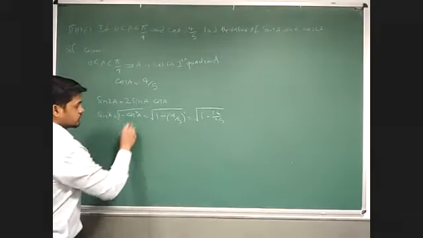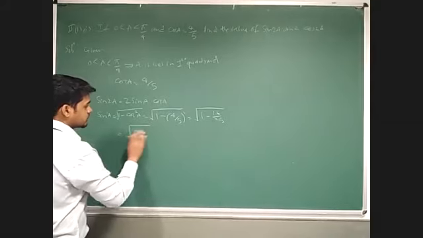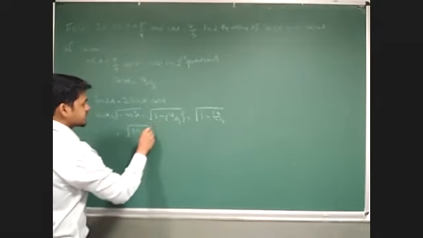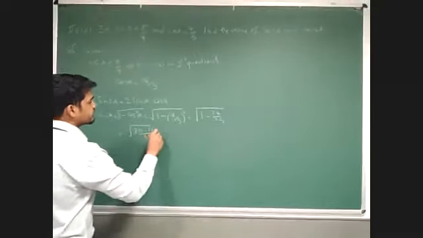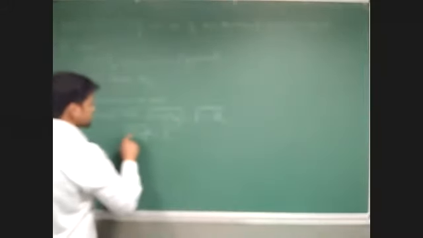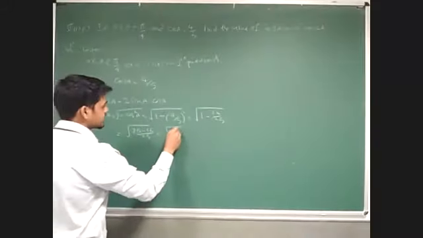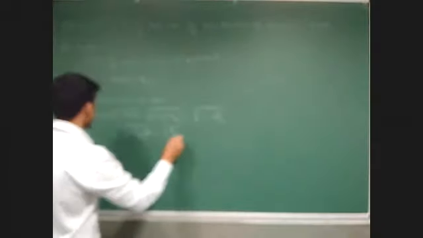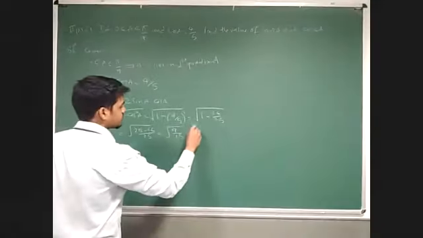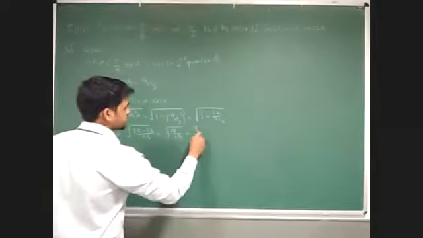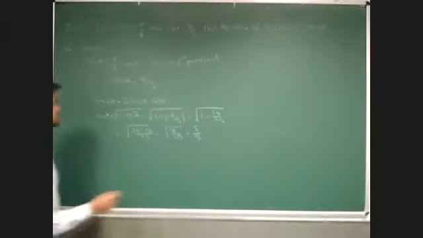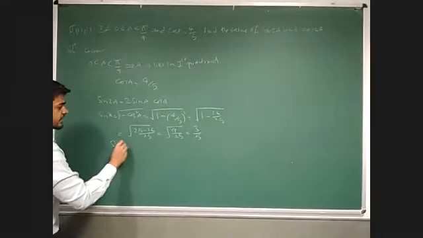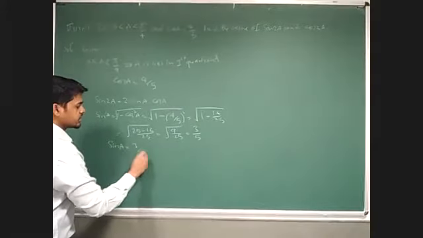Now take LCM: 25 minus 16 by 25, that is nothing but 9 by 25, then 3 by 5 after taking the square root. So sine a is nothing but 3 by 5.